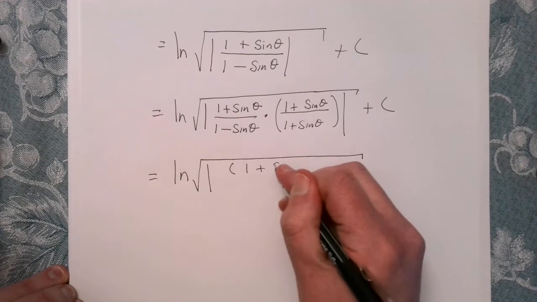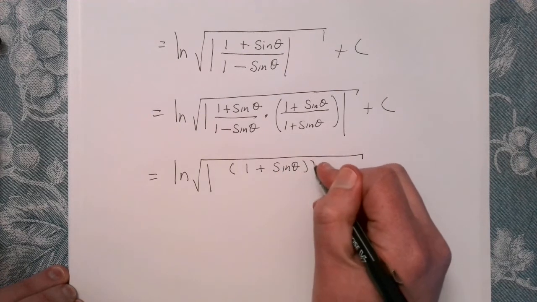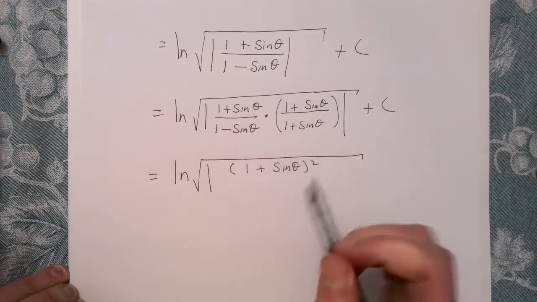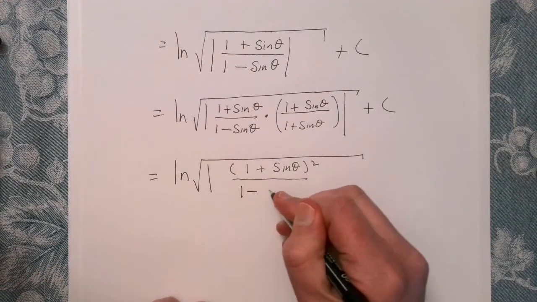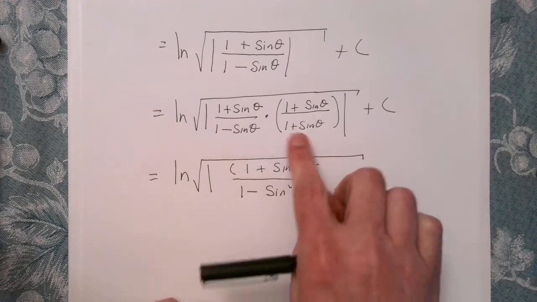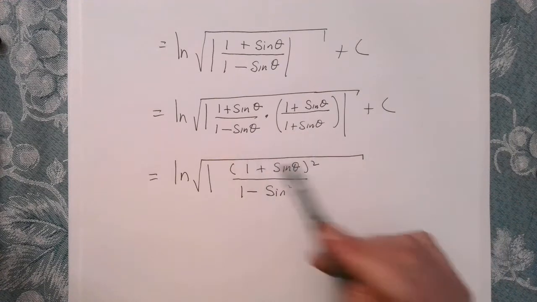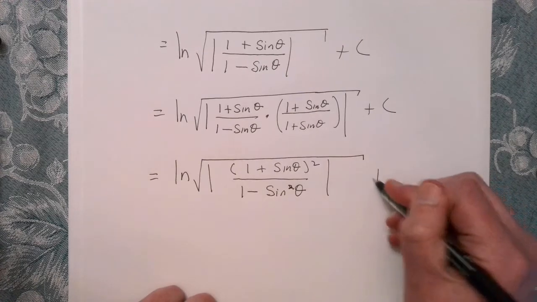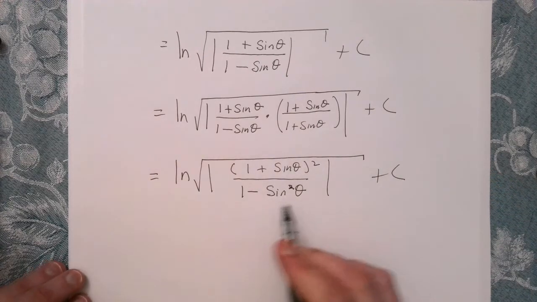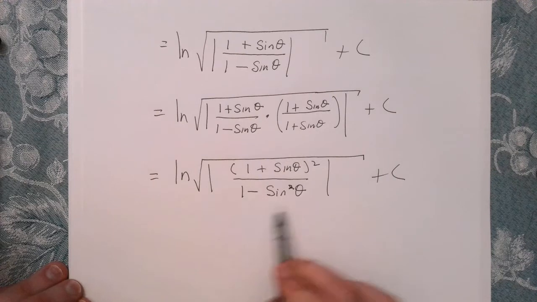So I've got 1 plus sine of theta quantity squared, this times this. And then downstairs, that's going to give me 1 minus sine squared, right? That's the product of conjugates, so I'm going to get a squared minus b squared. But by Pythagorean identity, that's exactly cosine squared of theta.